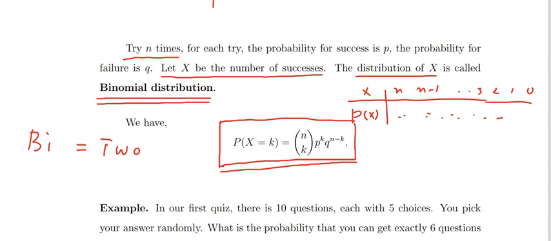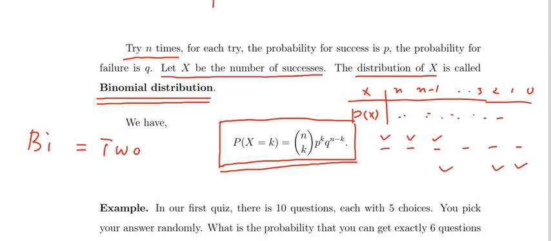Okay, so let's check why we have this formula. We have n trials, and we have k successes. These k successes could be here, or could be like this, right?